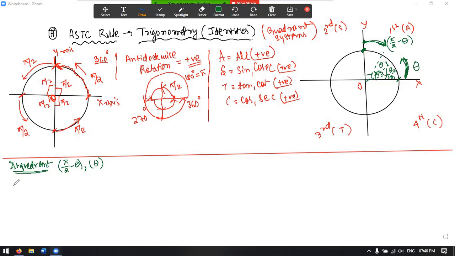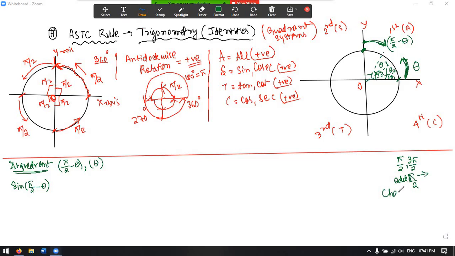Okay, so let me ask, what is the value of sine pi by 2 minus theta. Always remember, when there are pi by 2 values, 3 pi by 2 values, meaning odd pi by 2 values, then the trigonometric ratios will change.